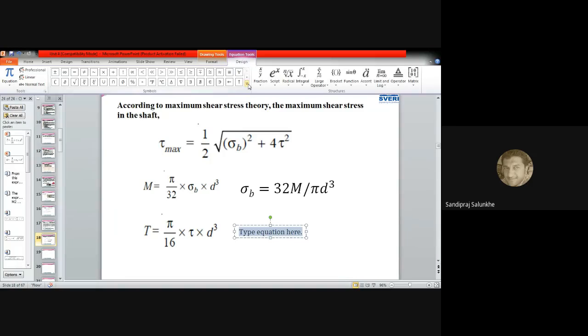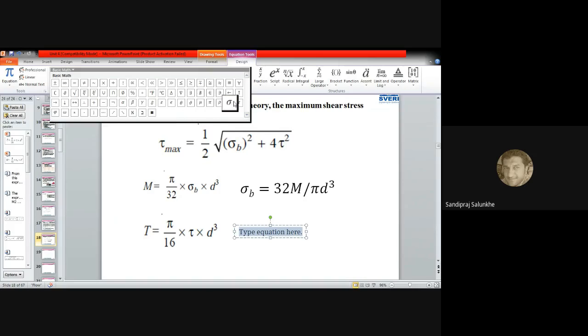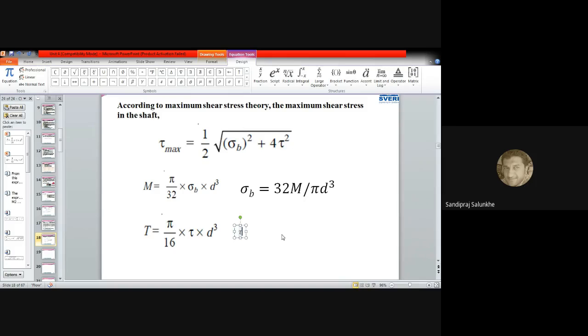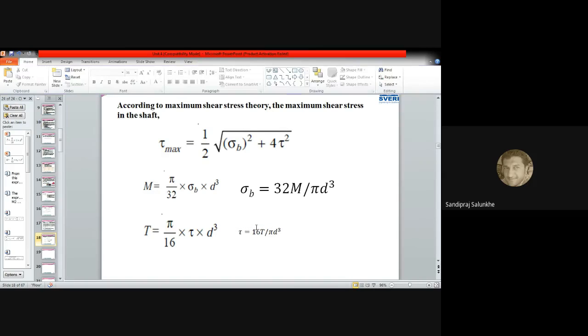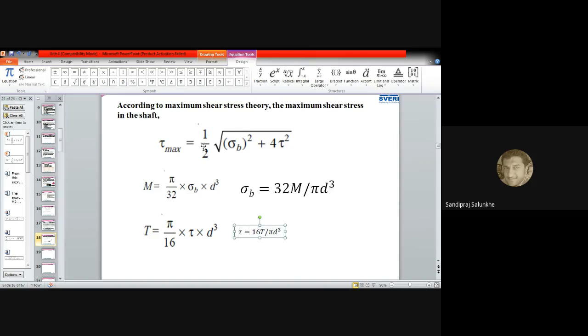So here tau is equal to, what we can write, T into 16, that is 16T divided by pi d cube, pi into d cube, right?